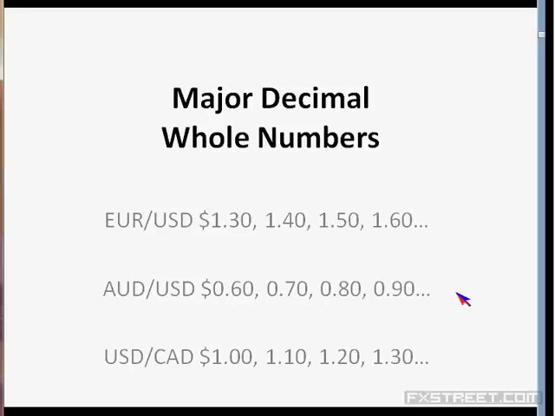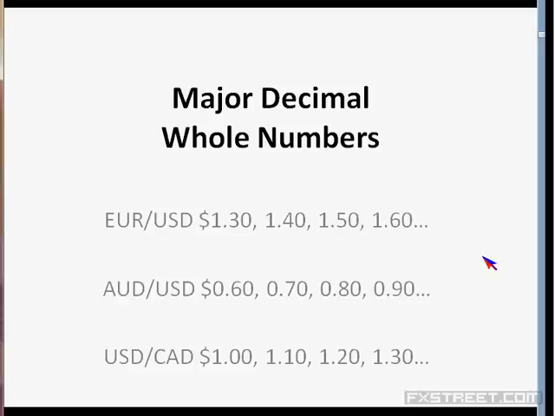But then if the exchange rate begins to rise and we see a 30-cent increase above parity, at that point we can say that we have reached another major whole number at $1.30. If we get another increase, we'll get to $1.40, $1.50, and so forth.